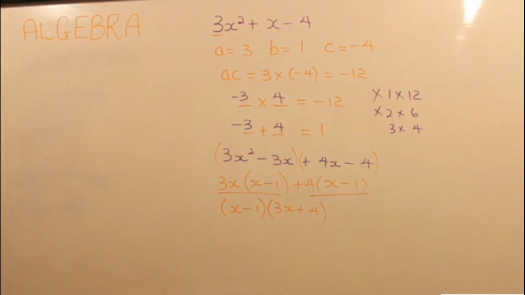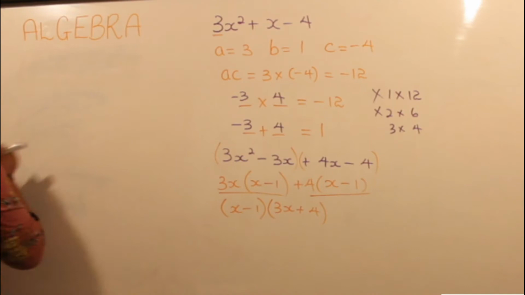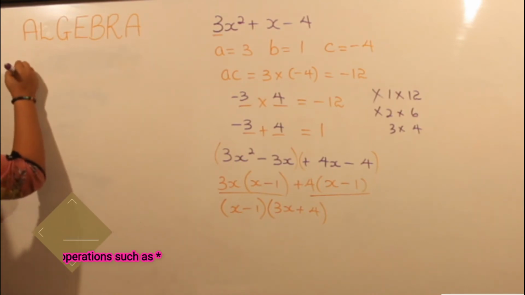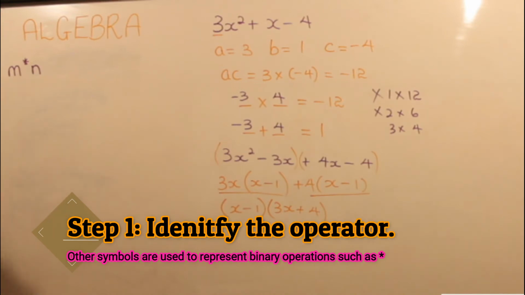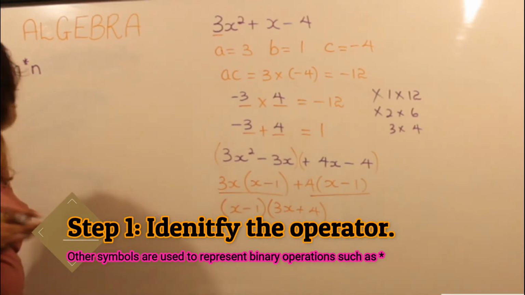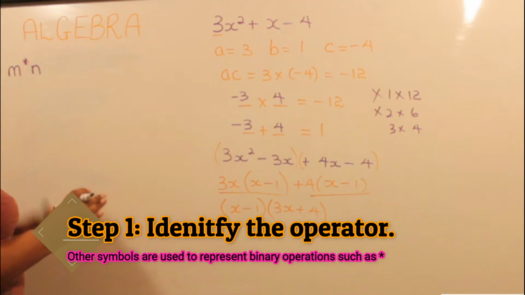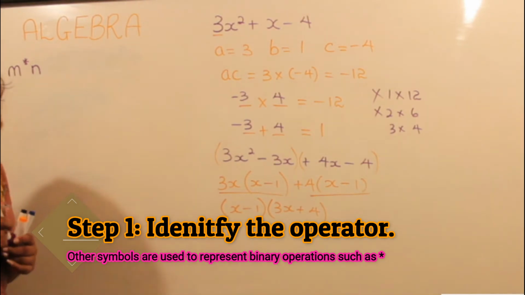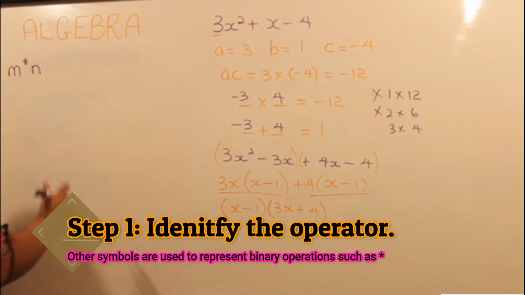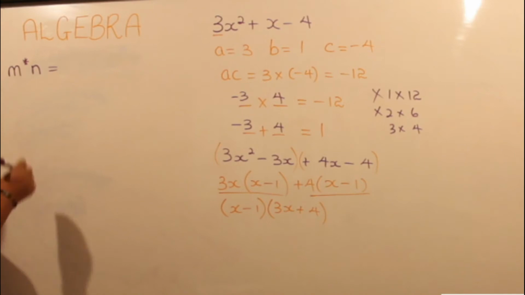is look at this problem, right? So we have ourselves a little binary operation problem, m star n. Anytime we see star or some random symbol that we're not accustomed to, that simply means that we are getting ourselves into a binary operation problem, which means that we have probably some new function with a combination of arithmetic operations.